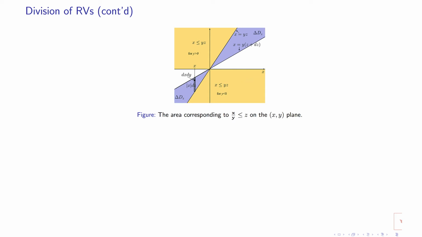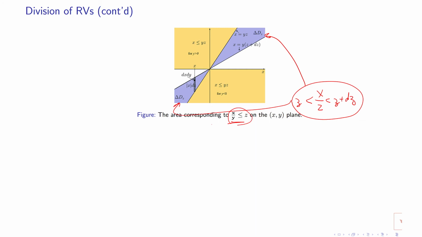So let's do the boundary of the integral. The area corresponding to x divided by y smaller than z is the yellow area, and the area corresponding to x divided by y bigger than z and smaller than z plus dz is the blue area. So this is the union of this blue area and this one, and this is the yellow area.